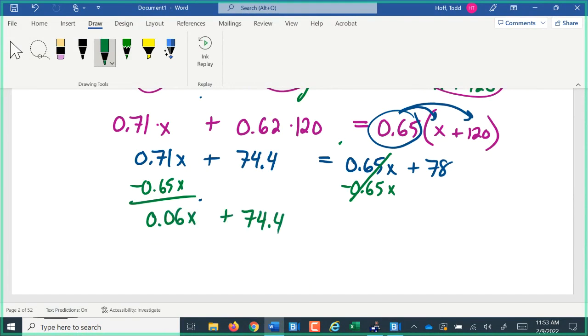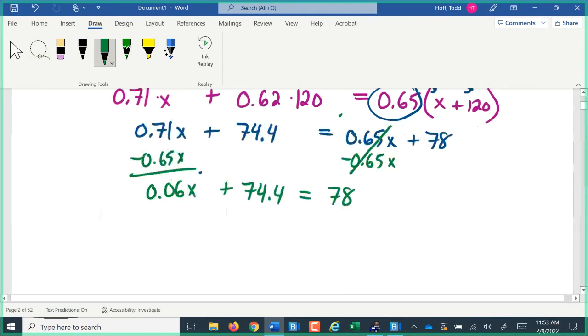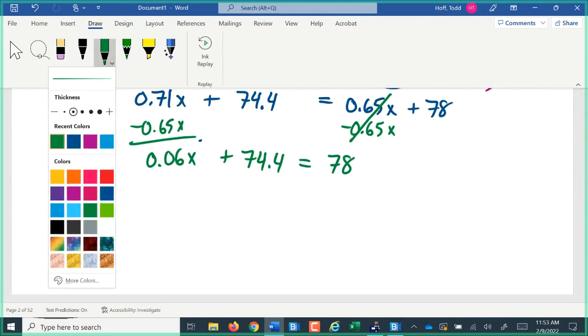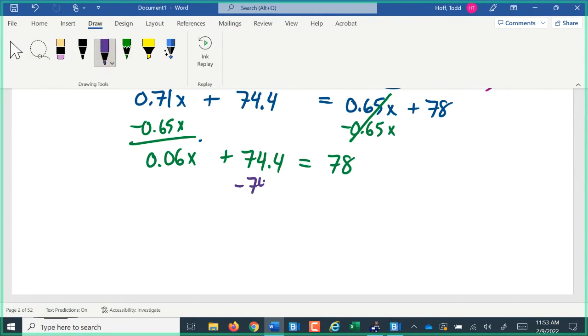Plus the 74.4 is still there. On the right side, x is gone, and all we have left is 78. Now we're ready to solve. So we will subtract the 74.4. 0.06x equals 3.6.